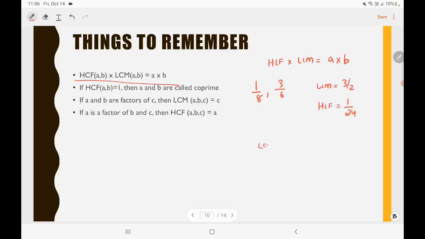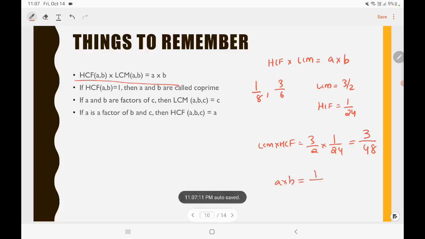So LCM into HCF is equal to 3 by 2 into 1 by 24, so you got 3 by 48. Now if you multiply these two numbers, 1 by 8 into 3 by 6, it will come 3 by 48. So HCF into LCM will be the product of the two numbers. So this is the first thing that you need to remember.